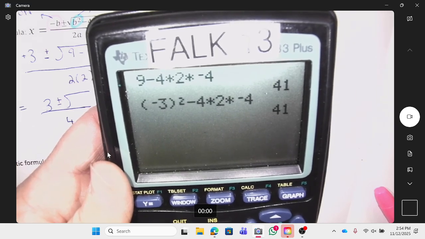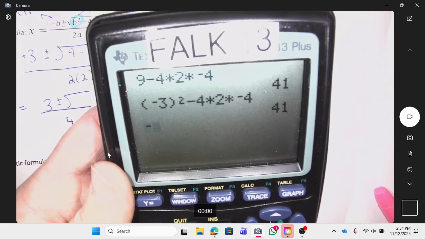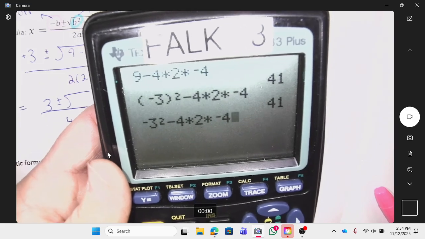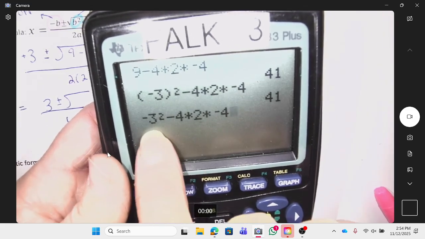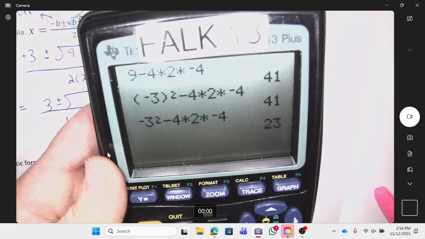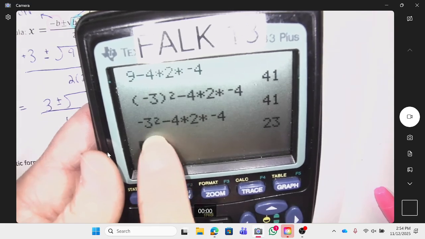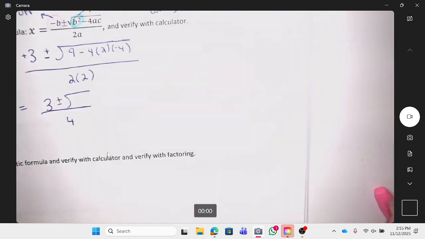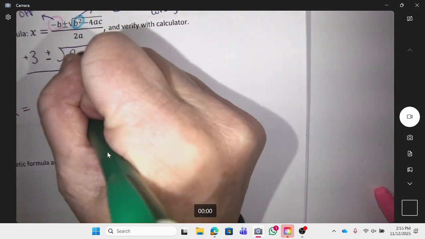Okay, here's where, when I see a mistake, here's where it happens. Do you see my mistake? Remember this? That's going to cause a mistake. Don't make that mistake. Okay, so here we go. I'm going to put 41.